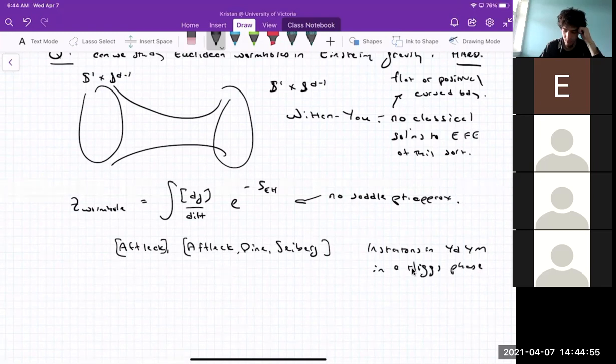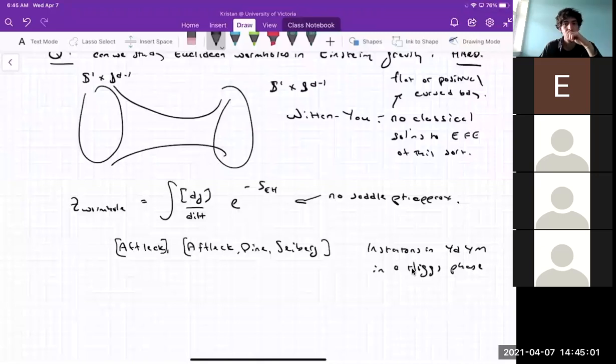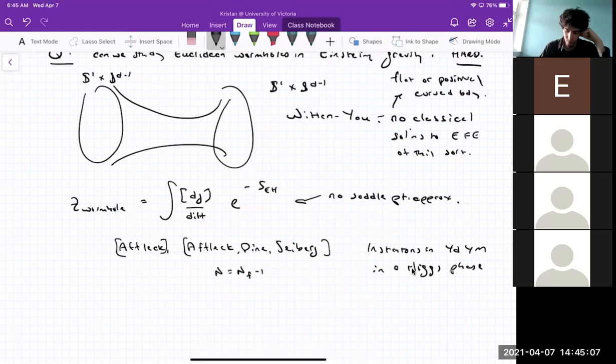In the original paper of Affleck, this was literally just Yang-Mills with a Higgs field, with the usual Mexican hat potential and a VEV. And Affleck, Dine, Seiberg was in the context of N equals N_f minus 1 super QCD out on the moduli space of vacua.